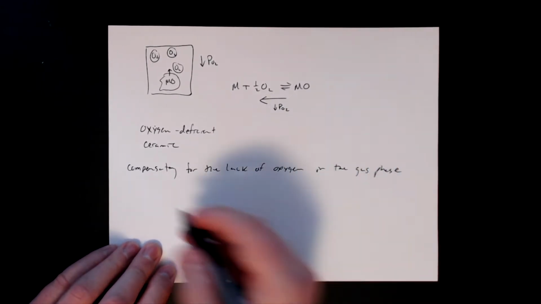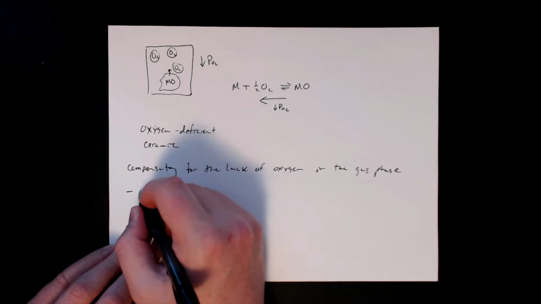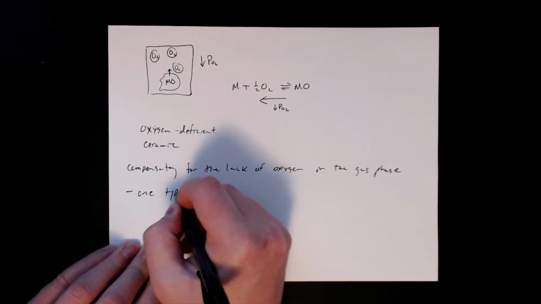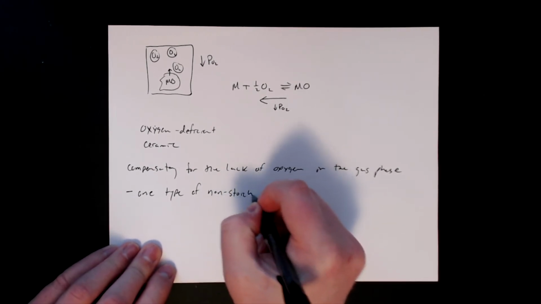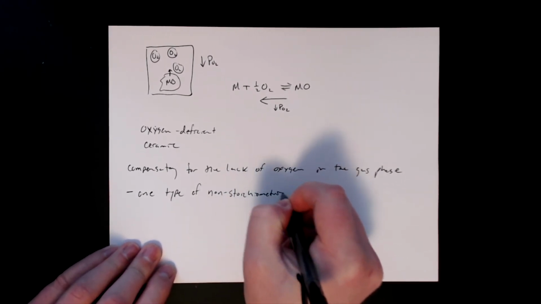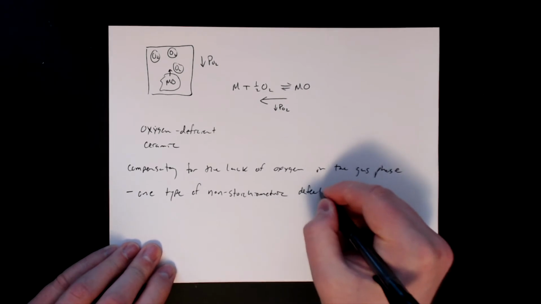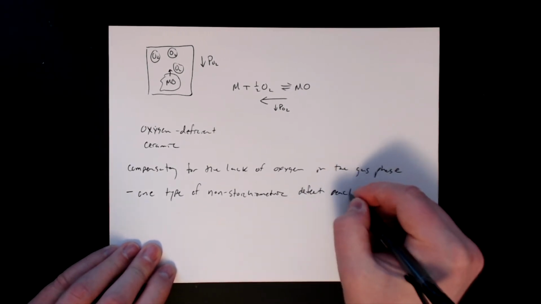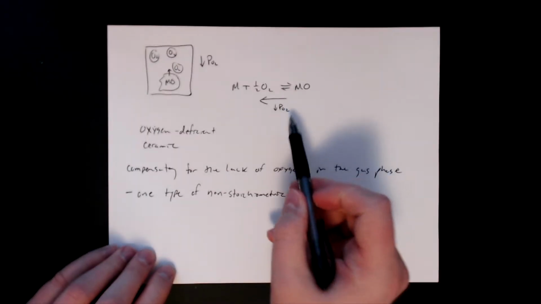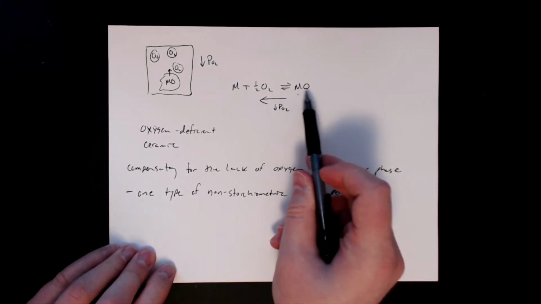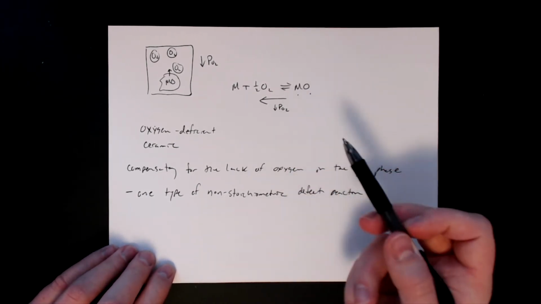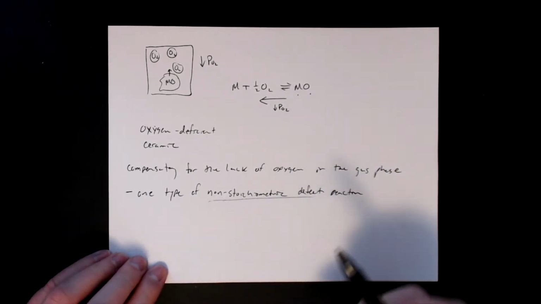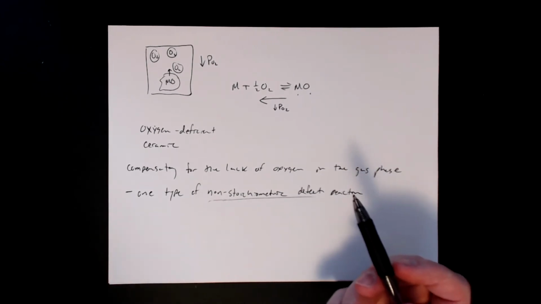The reason I bring this up is that this is one type of non-stoichiometric defect reaction, because doing this changes the ratio of M and O. If we do this, there's less oxygen in this compound than there was before, and therefore it's non-stoichiometric. So that's one type that we can get.